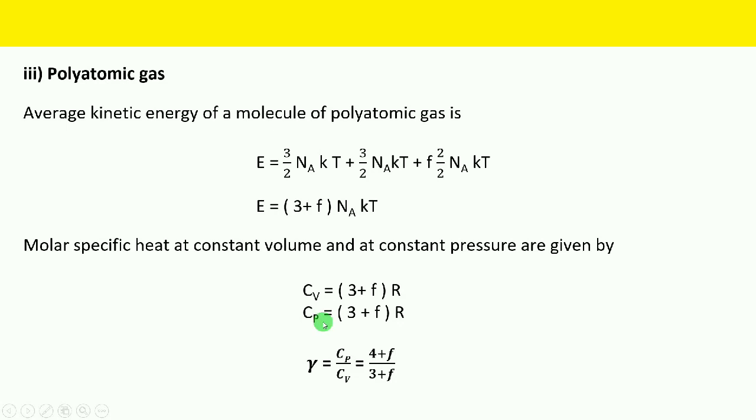Then Cp will be equal to Cv plus R. So in this Cv you will add R here. So that will become (4 plus F) into R. So gamma will be Cp upon Cv, (4 plus F) divided by (3 plus F). So this is for a polyatomic gas. Now, this is all about topics related to kinetic theory of gas and radiation.